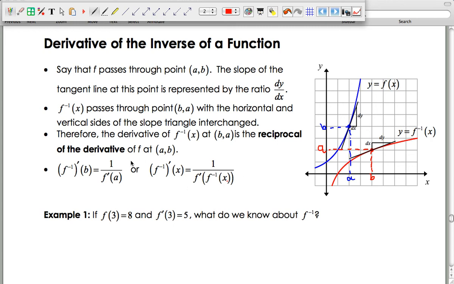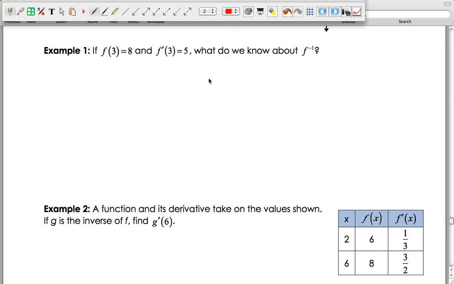Let's see an example and see how we apply this big expression. Example 1 says if f of 3, that's the main function, equals 8, and f prime, we are still in the main function, look at that, f prime at 3, the derivative of f at 3, is 5, what do we know about the inverse function?